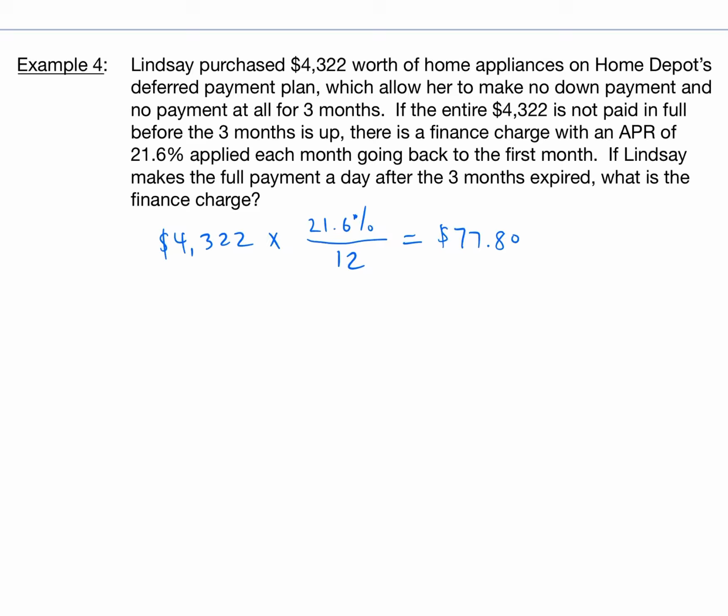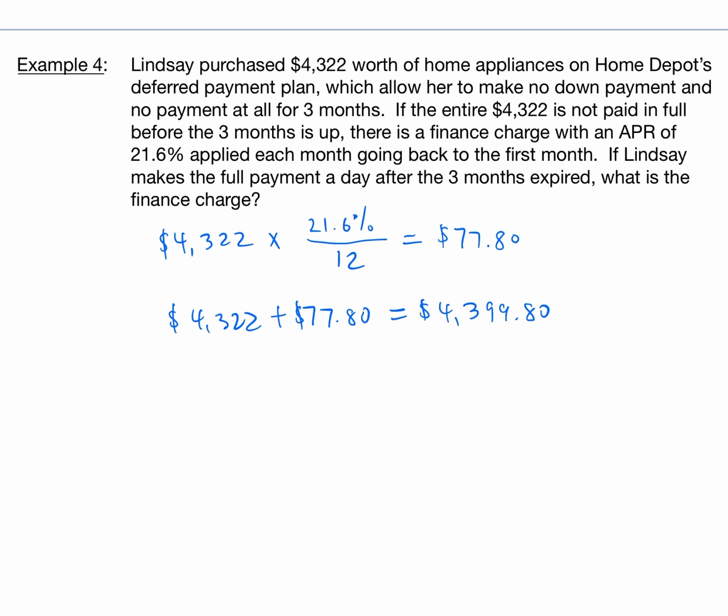This is what happens. So now we're gonna take the $4,322 and we're going to add $77.80, okay? And this works out to $4,399.80. So that is how much she's going to owe at the end of month one.